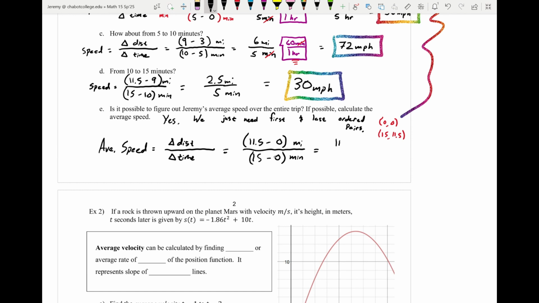So we just get 11.5 miles per 15 minutes. I'll multiply by that conversion factor of 60 minutes over 1 hour just to get it in terms of miles per hour. If you simplify this, the minutes cancel out, and we have an answer in miles per hour, which simplifies down to 46 miles per hour.